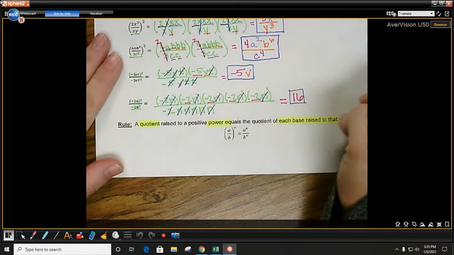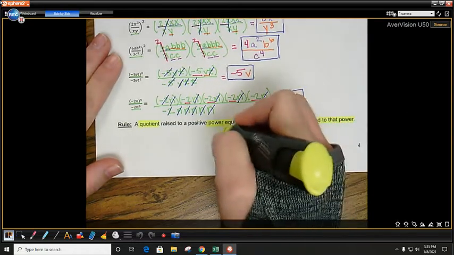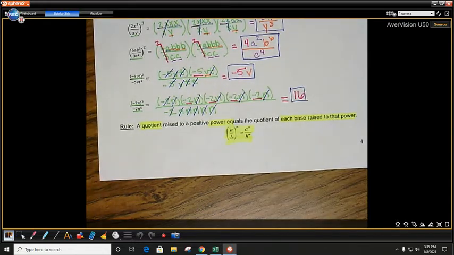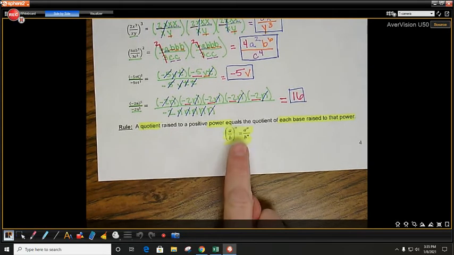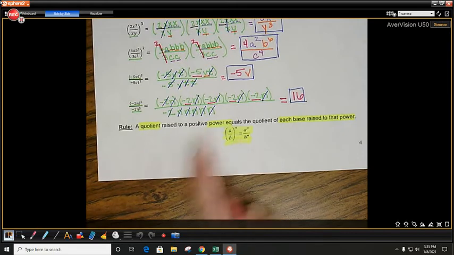So basically you're just distributing that exponent to every base in the parentheses. So yes, there are rules that you can use and apply, but again, I strongly suggest expanding it out because it's a lot easier to see and just count up. Remember, how many times you have something multiplied by itself, that's how you figure out your exponent.